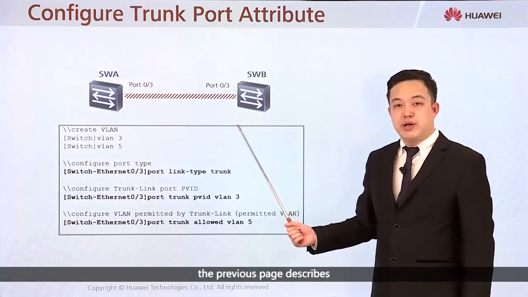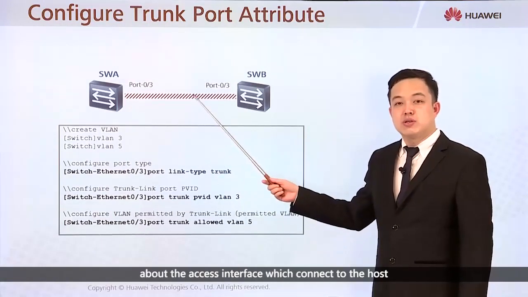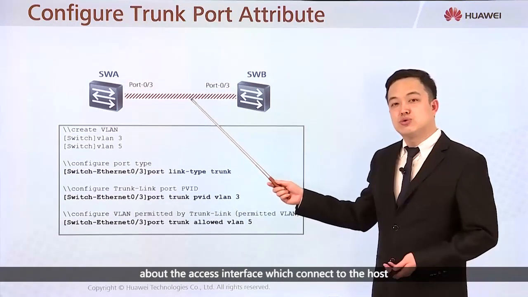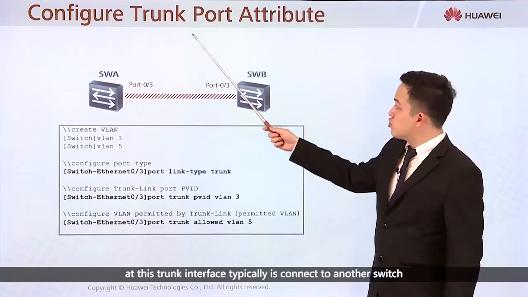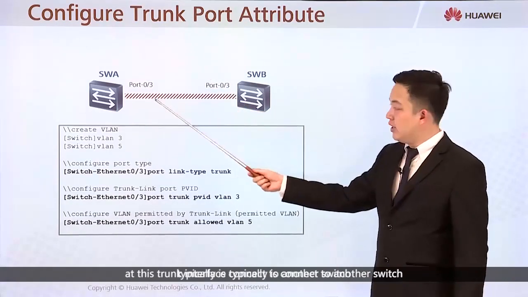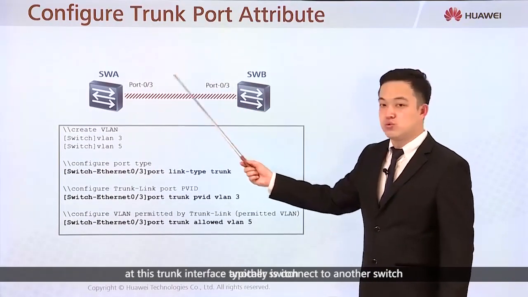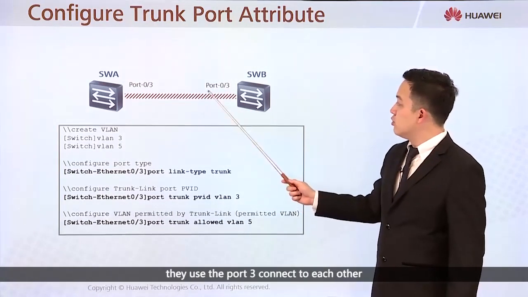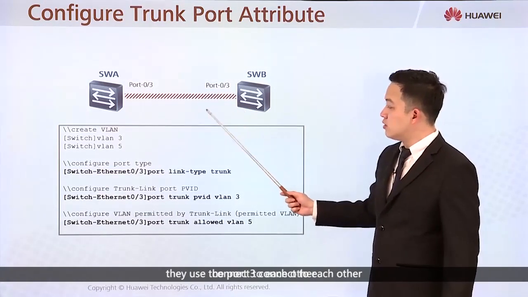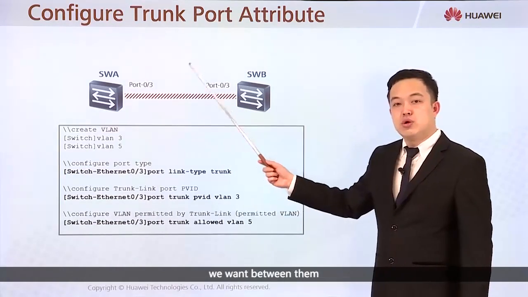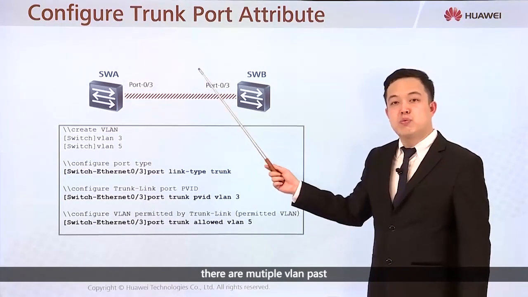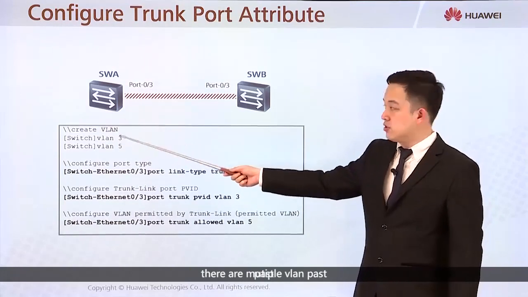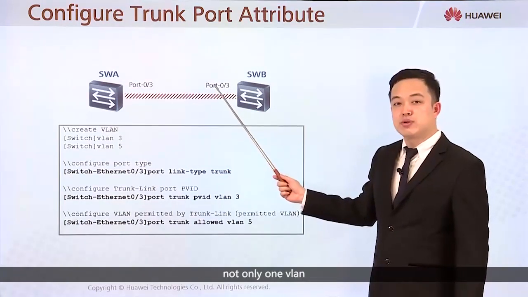Configure trunk port attributes. The previous page described the access interface which connects to the host. The trunk interface is typically connected to another switch. There's switch A and switch B. They use port 3 to connect to each other. We want multiple VLANs to pass between them, not only one VLAN.